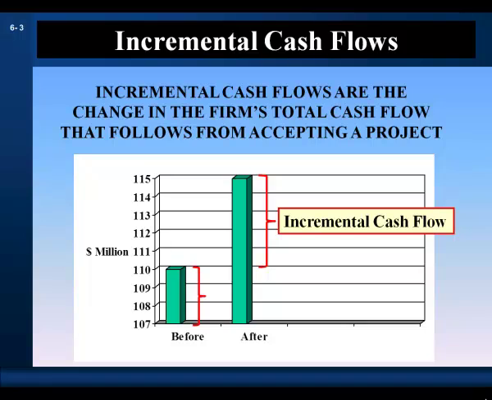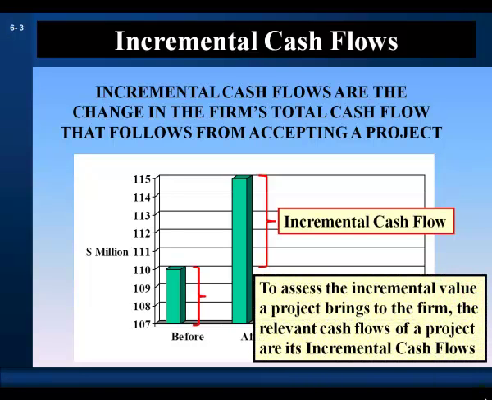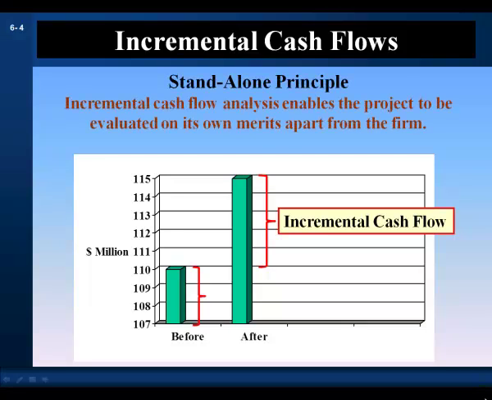And to increase shareholders' wealth, that incremental increase in firm value must be worth more than it costs. So to assess the incremental value a project brings to the firm, the relevant cash flows of the project are its incremental cash flows.